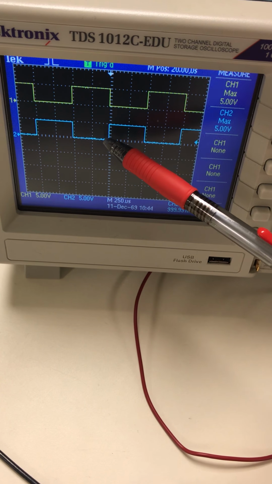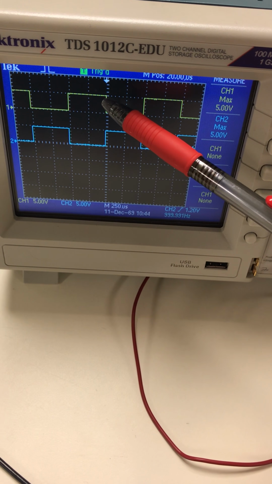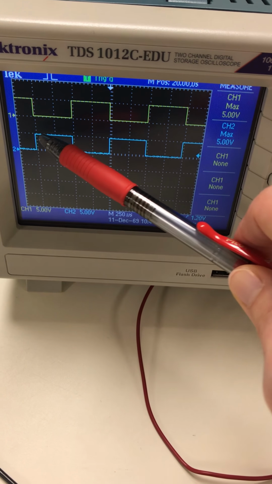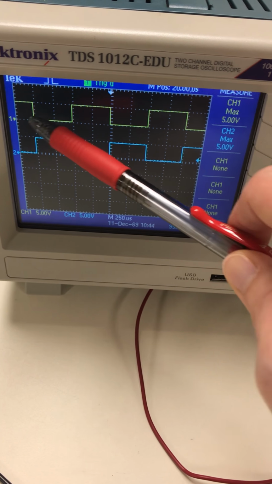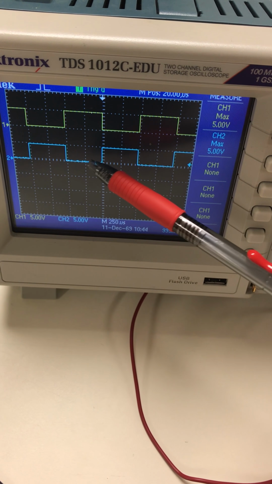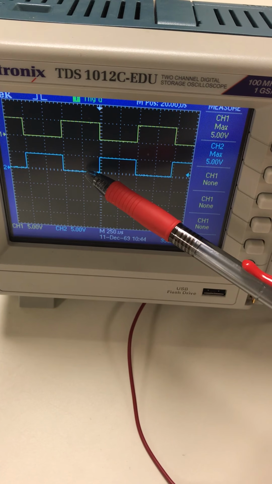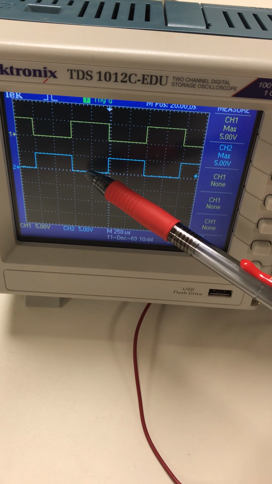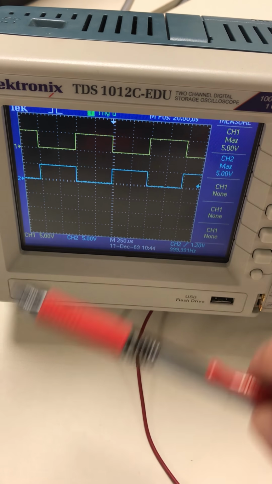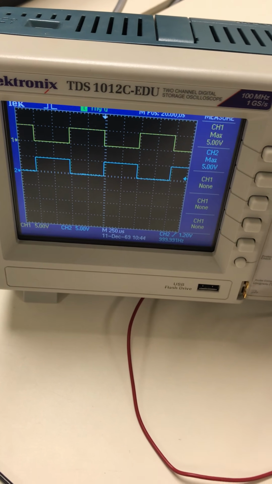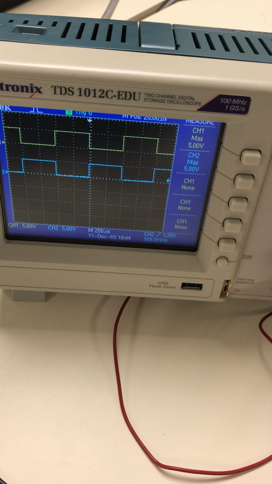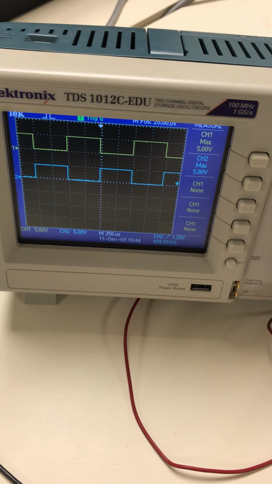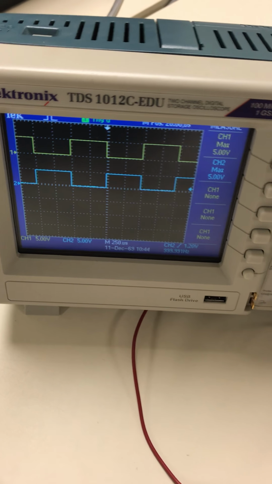When V3 goes to low, the output is going to be high. So when all of the inputs are at high, the output is going to be low. If any one of them goes to low, which is V3 in this case, the output is going to be high. I can change one of the input signals, for example V1, to 0 and see how the output is going to change.